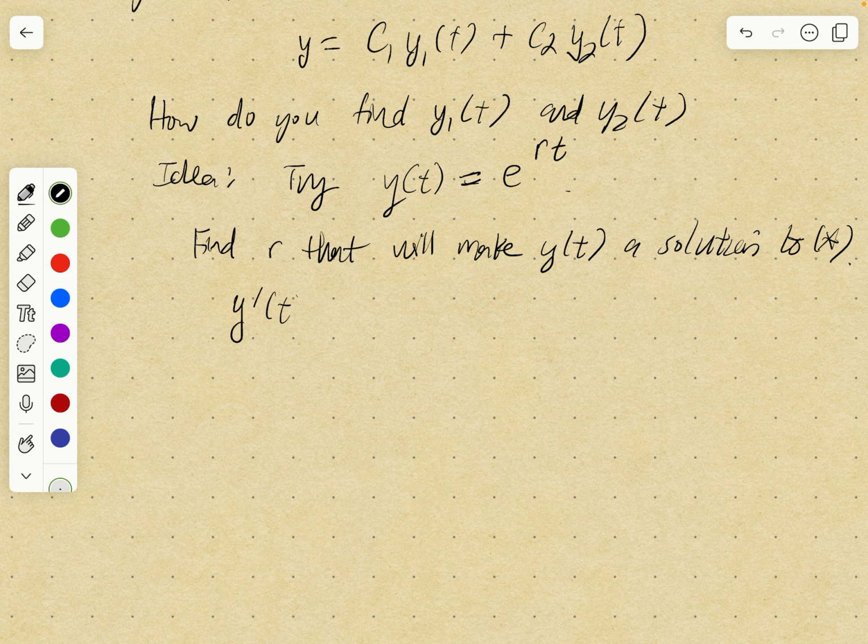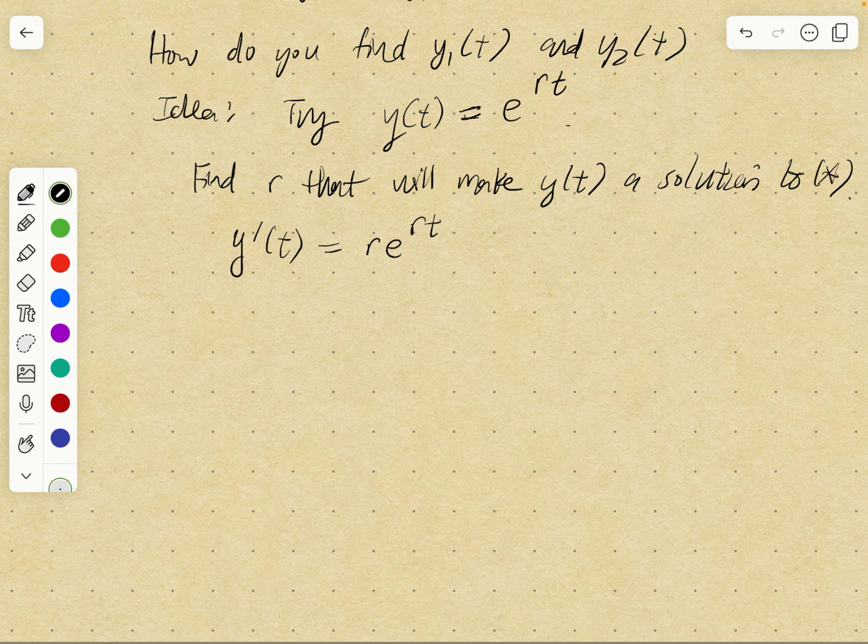So the first derivative is r times e to the rt, because of the chain rule, you have to multiply by r. And then the second derivative is going to be r squared e to the rt, because you have a constant r which you pull out, and then you have an e to the rt, and when you take the derivative of that, the other r comes down, and then you get r squared e to the rt.